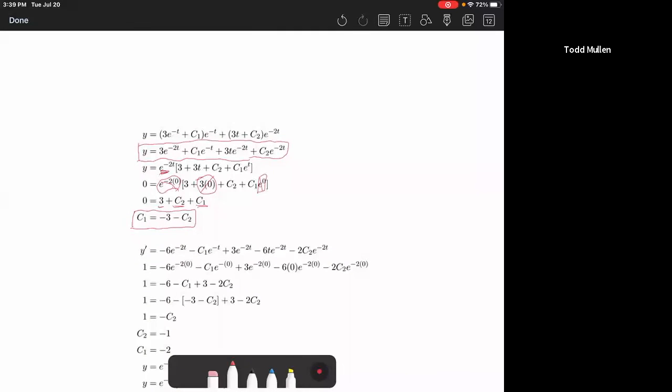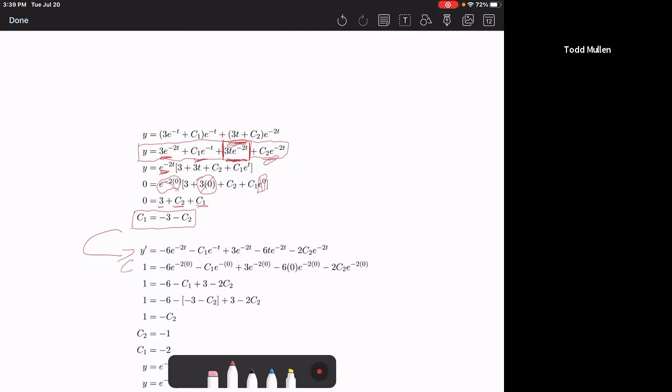This is just like doing any old initial value problem that we have in this course. Now we need to calculate y prime. There's nothing too difficult here, but you will have to do a product rule when you take this derivative. The derivative of 3t e to the negative 2t is going to have a couple pieces. But other than that, it's just a little bit of chain rule to get y prime. And then once you have y prime, you can plug in the fact that when t equals 0, y prime equals 1.